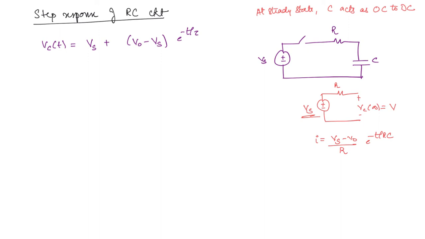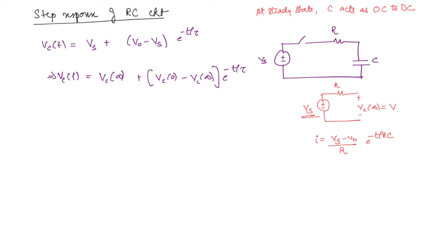For now, you can see that Vs is the final value, V naught is the initial value, and Vs is again the final value of the capacitor voltage. So now you can write Vc of t as Vc of infinity, the final value, plus Vc of 0, the initial value, minus the final value, times e to the power minus t by tau.